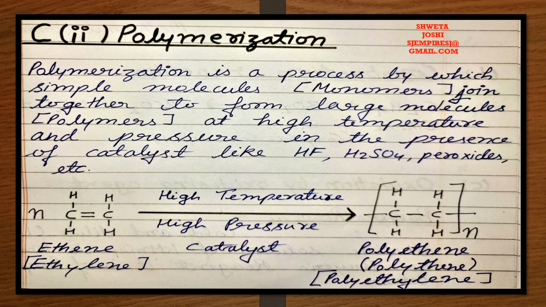So in this reaction, the monomer units are ethene, and after combination of a large number of ethene, a polymer is formed, which is commonly known as polythene. So by this reaction, you are going to convert ethene into polyethene, which is commonly known as polythene.